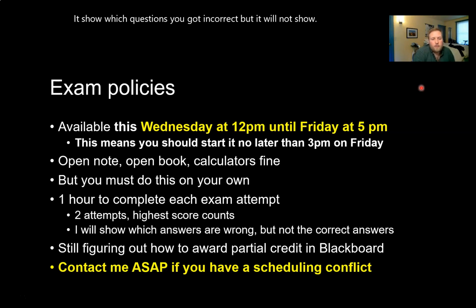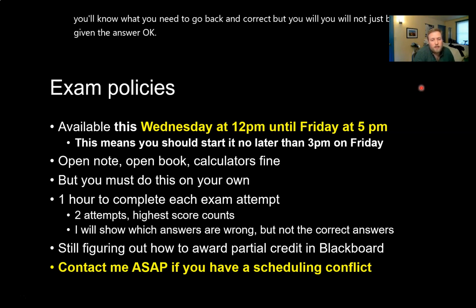So you'll know what you need to go back and correct, but you will not just be given the answer, okay? I'm still not sure how partial credit can work on Blackboard, but I'll try. If there's any way to award partial credit for just completing any part of a question, I will try to do that, okay?